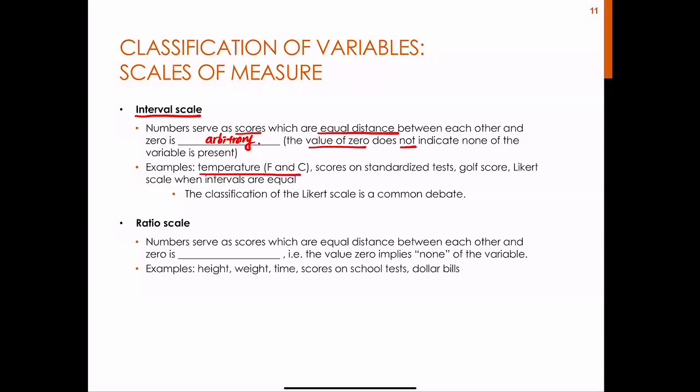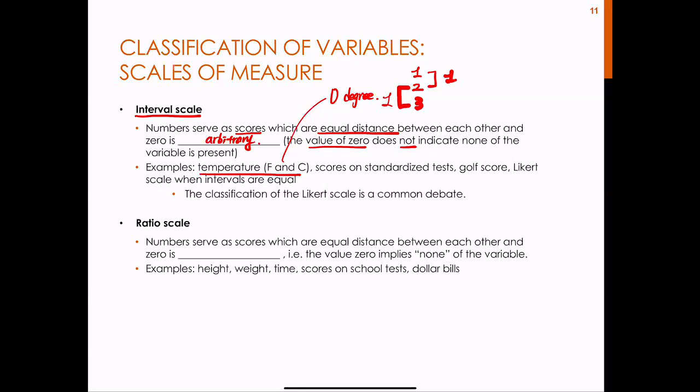In the temperature, 0 degrees does not mean there is no temperature, right? But also the difference between 1 degree and 2 degrees is the same as the difference between 2 degrees and 3 degrees. Right? There is only a 1 degree difference, and here is also a 1 degree difference.